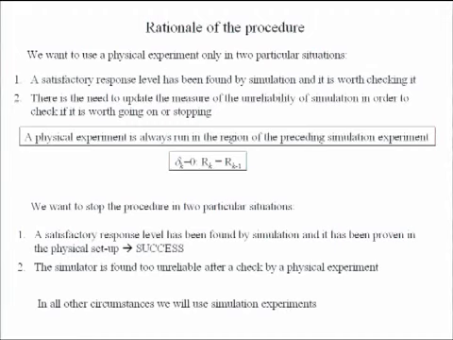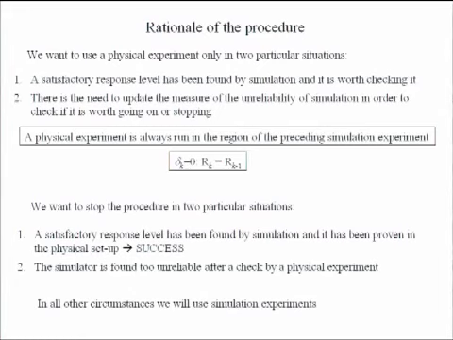A physical experiment is used as a checkpoint of results I obtained by simulation. So a physical experiment is always run in a region of the preceding simulation experiment, just for confirming or not what I've found in simulation. So Rk is equal to Rk minus 1 when I have a physical experiment.